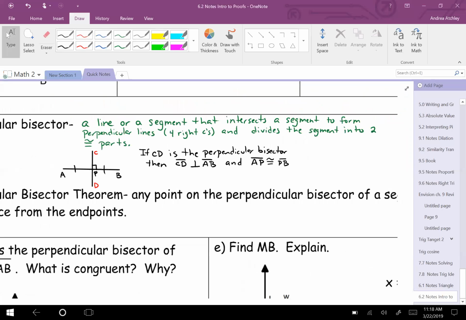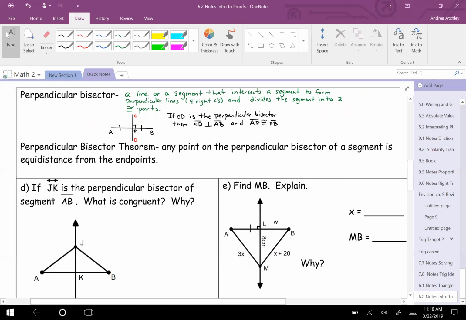Okay, now the perpendicular bisector theorem is any point on the perpendicular bisector of a segment is equal distance from the endpoints.